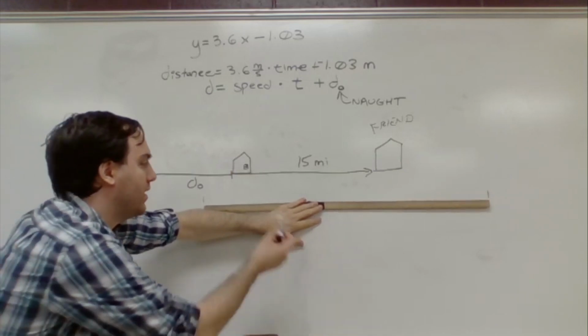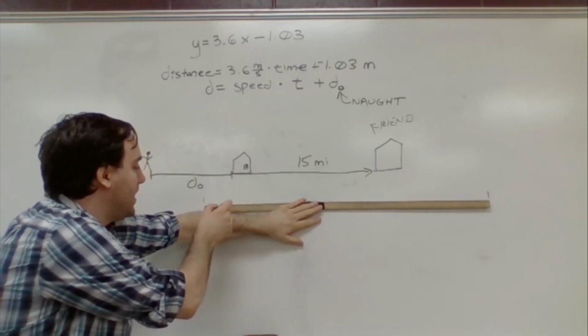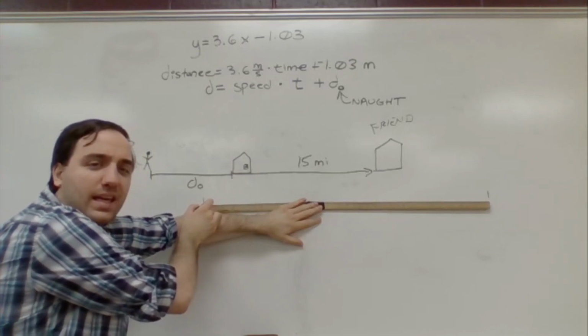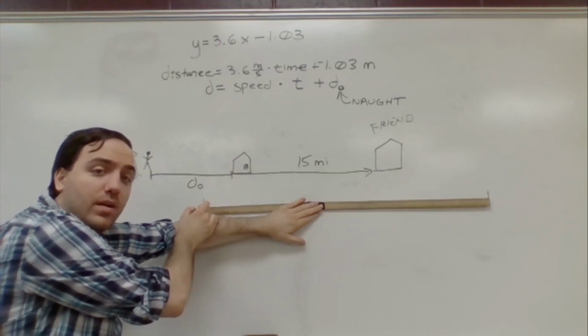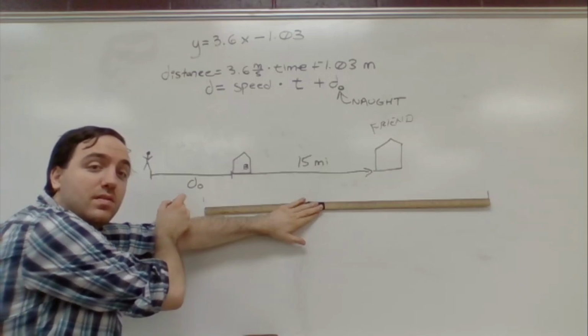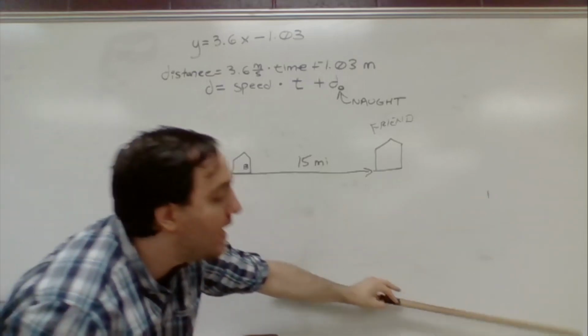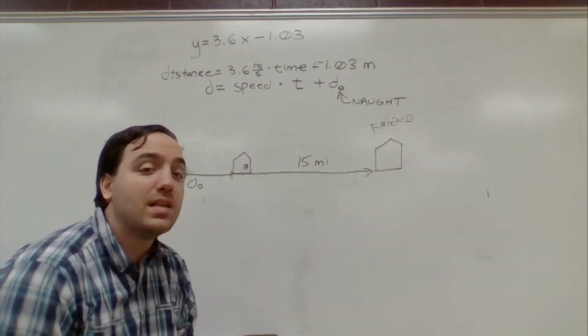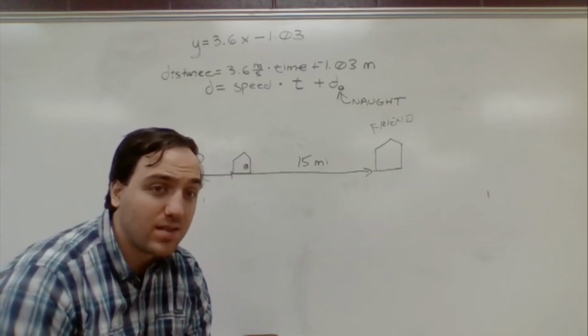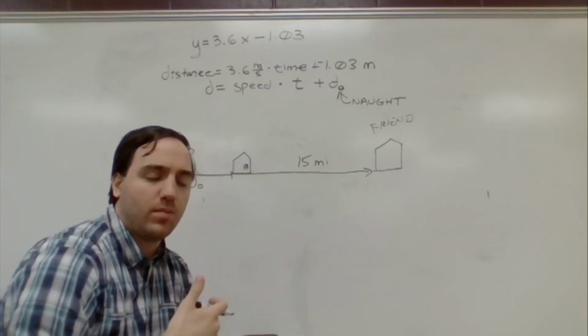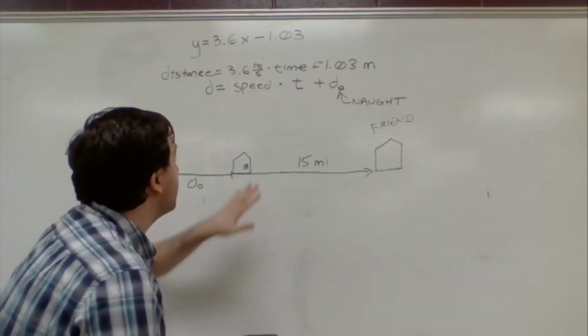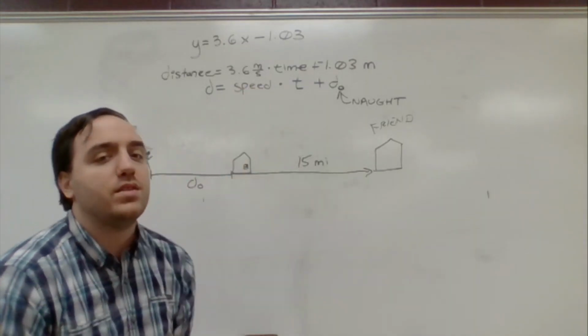But as I count down, I go 10, 9, 8, 7, 6, 5, 4, 3, 2, 1, 0, and I keep going. I want to go to -1, -2, -3. A negative distance, all it means is that you've assigned a direction to be positive and you're behind your starting point. Second issue. This assumes a constant speed.